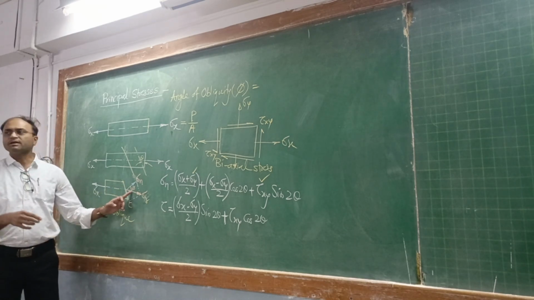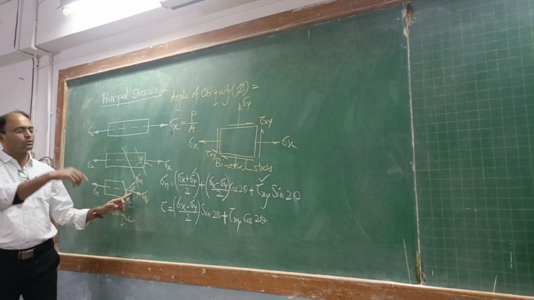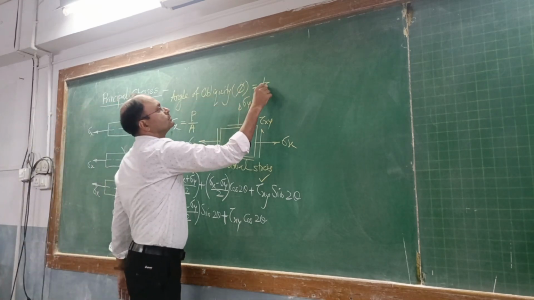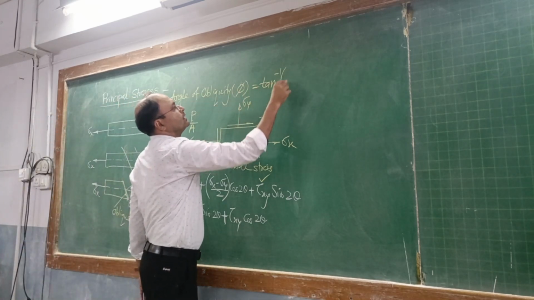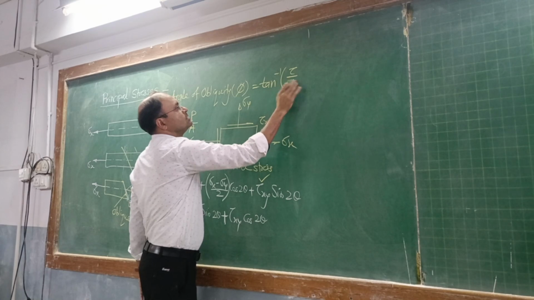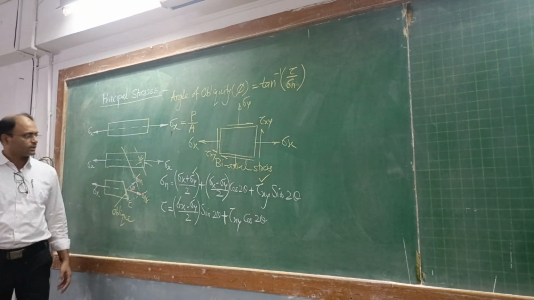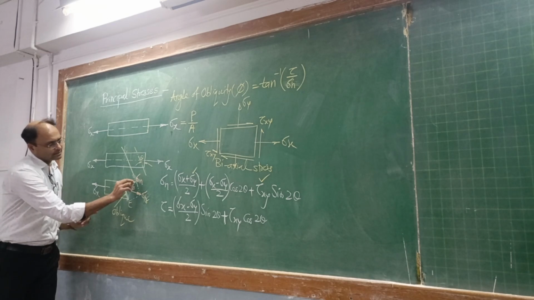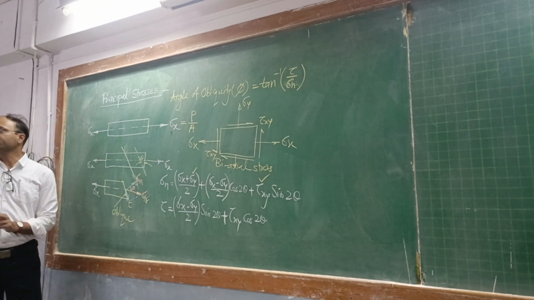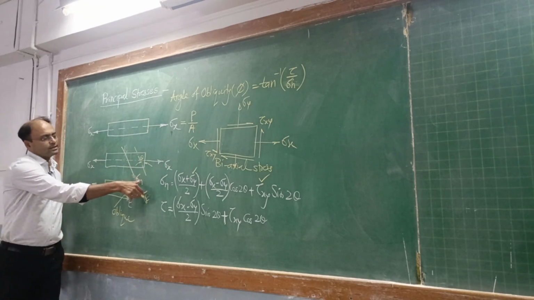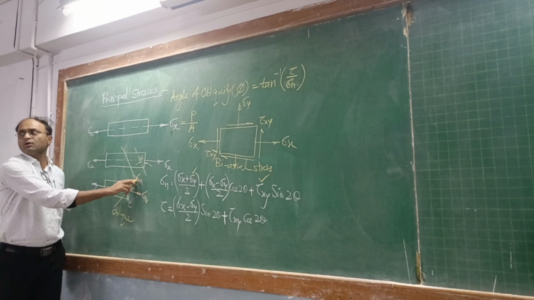Also, but how to get that angle? So phi is equal to tan inverse of shear stress upon normal stress. Okay, if you consider this right angle triangle, you can take tan phi. Tan phi will be tau upon sigma n. Yes or no?